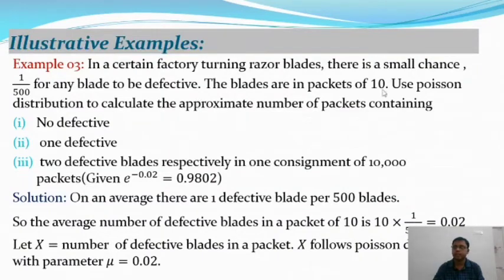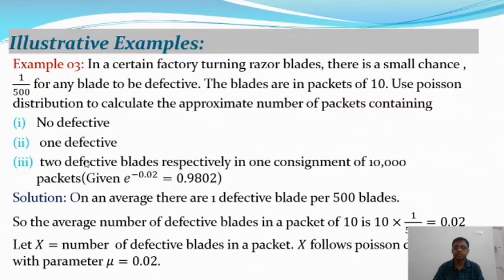The blades are in packets of 10. Use the Poisson distribution to calculate the approximate number of packets containing no defective, one defective, and two defective blades respectively in one consignment of 10,000 packets, given e to the power minus 0.02 is equal to 0.9802.